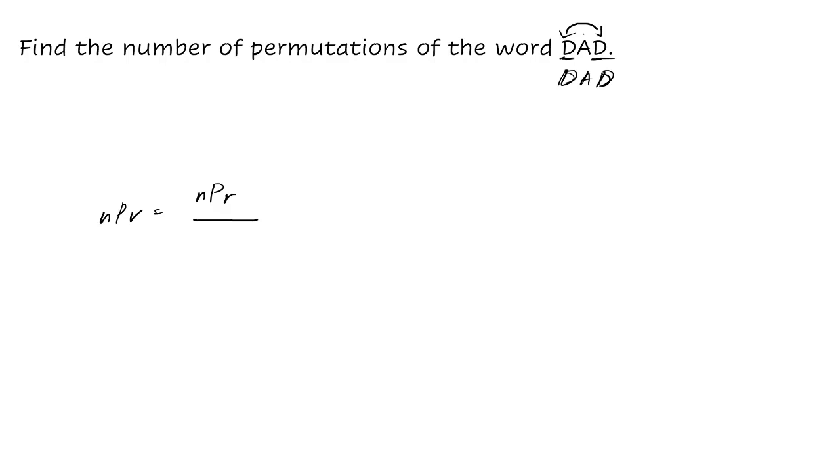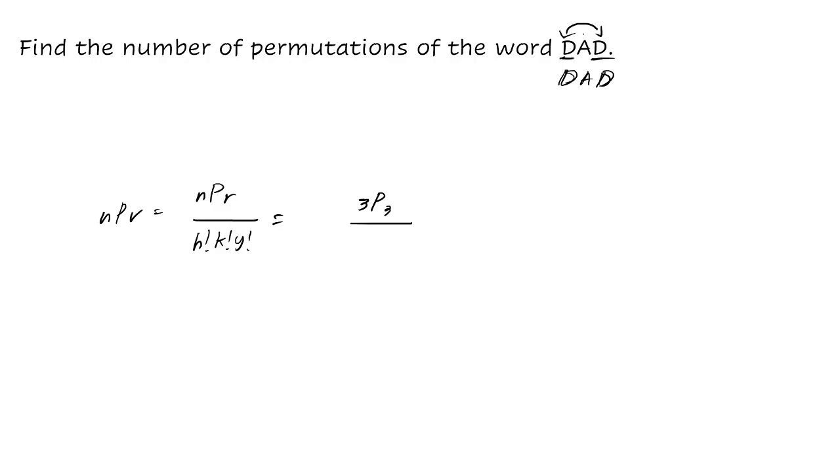Kung ano yung mga naulit na letter. H factorial, K factorial, Y factorial, etc. Okay. So, since we have 3-letter, we are selecting 3P3 over ilang letter yung naulit.